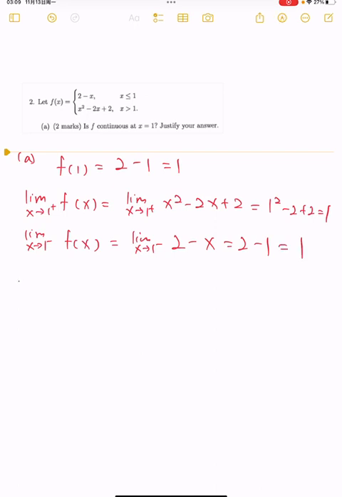So indeed, the limit exists. And we can tell that the limit when x is approaching 1 equals f of 1. So we can say that f is continuous at 1.